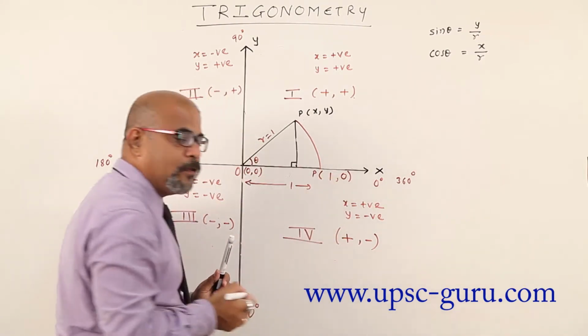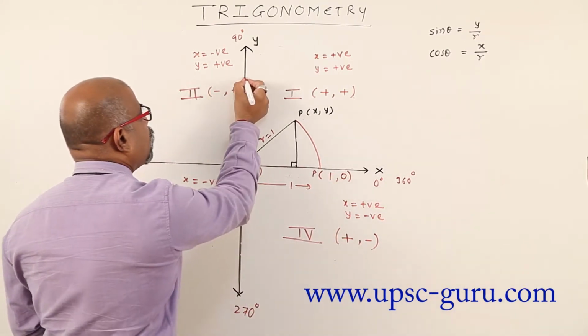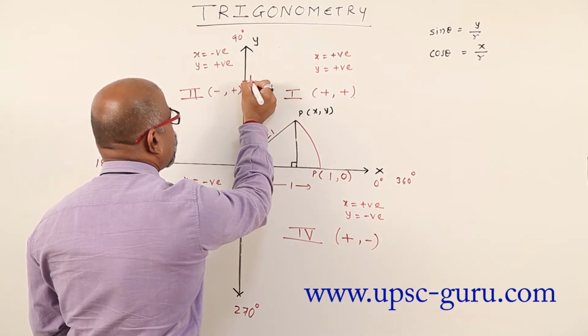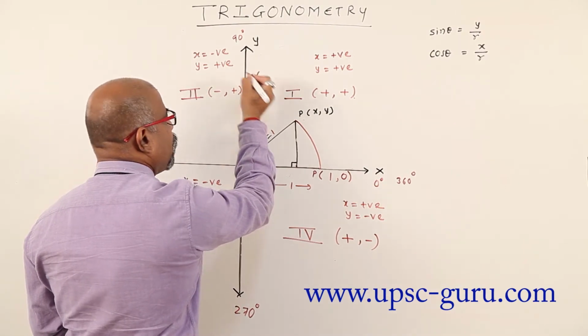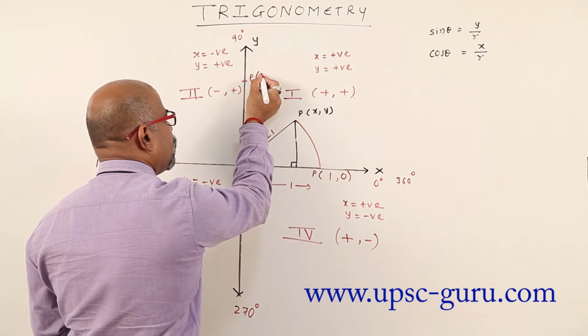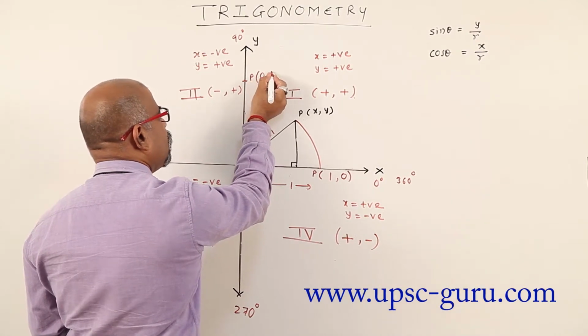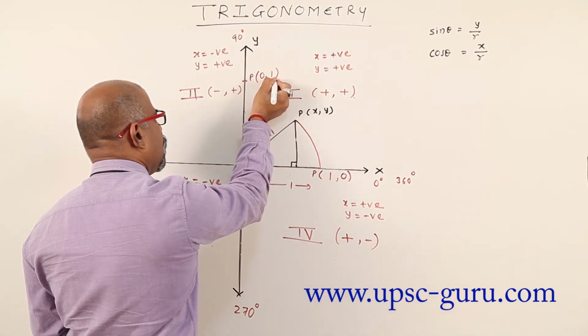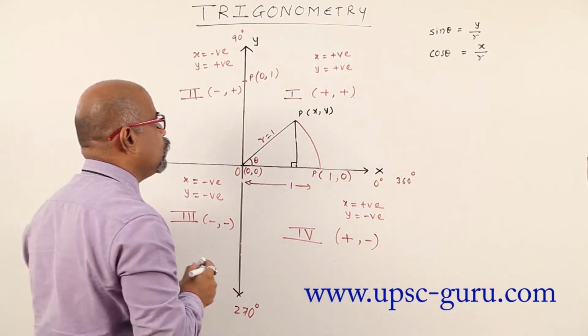P equals (1, 0). When P is on the positive direction of the y-axis, the x coordinate is 0 and r equals 1, therefore P equals (0, 1).